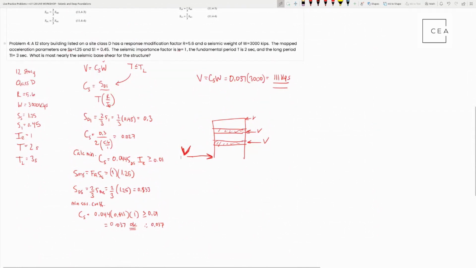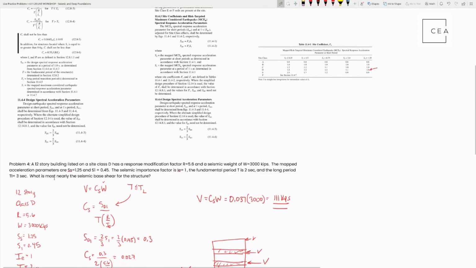And it's worth mentioning too, Isaac, this problem is a little kind to us in the fact that it just gives us the importance factor. It just gives us the fundamental period. It just gives us the response modification factor. All those items are a whole other subject for calculation that you'd have to get into.